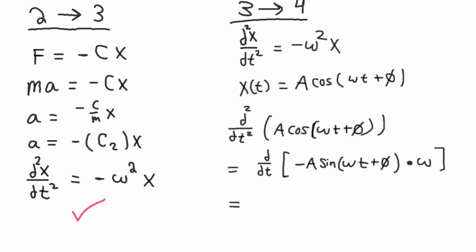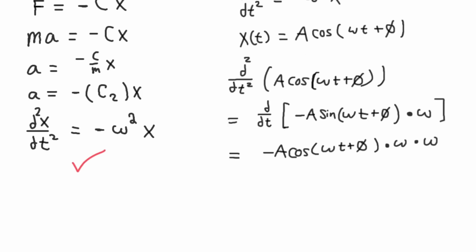And then applying another derivative, we're back to cosine. The sine hasn't flipped at all. But then we also get another factor of omega because we had to use the chain rule again. So therefore, we're just going to get negative omega squared times A cosine omega t plus phi, which is equal to negative omega squared x. So that's that.